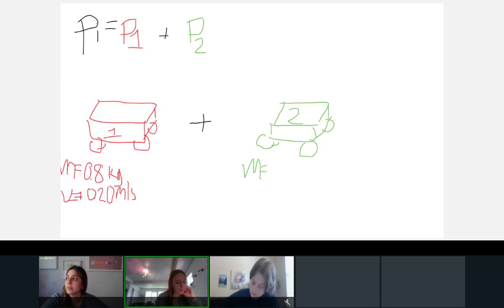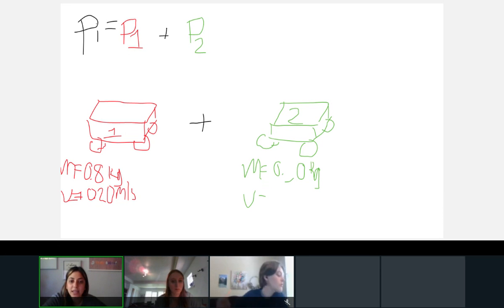Now, what was the mass for wagon 2? It doesn't say, it just says momentum. Check that second sentence where it says it collides with a stationary second wagon. It's 0.50 kilograms. Good. So what is the velocity of wagon 2?